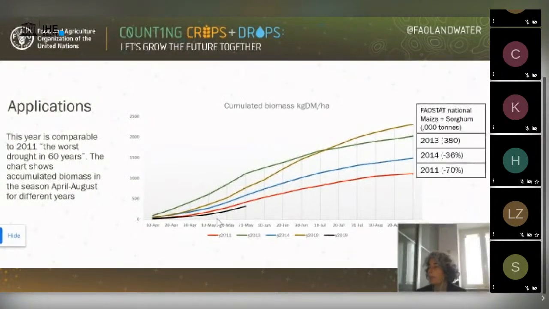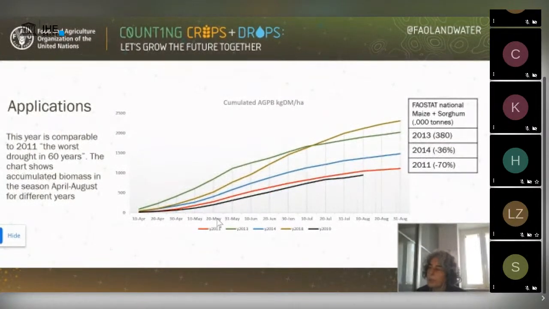So we also compared that against FAO data, and we could estimate, with large numbers of course, what could be the expected reduction in agricultural production. And this was unfortunately confirmed a few months later.